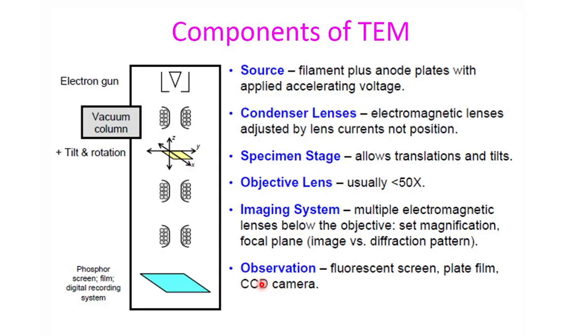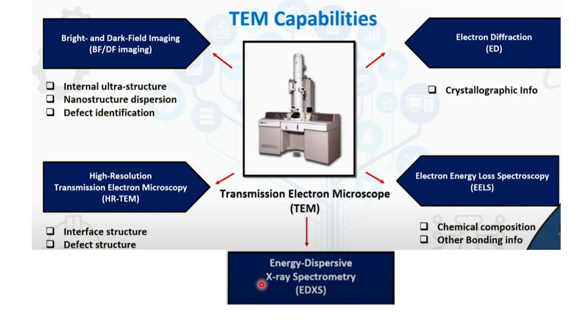I forgot the D. Through TEM, we can generate bright and dark field imaging, and through this we can visualize the internal ultrastructure even at the fraction of nanometer scale, to identify whether there is any defect. We can check that also, because if there is a defect, the scattering will be different.